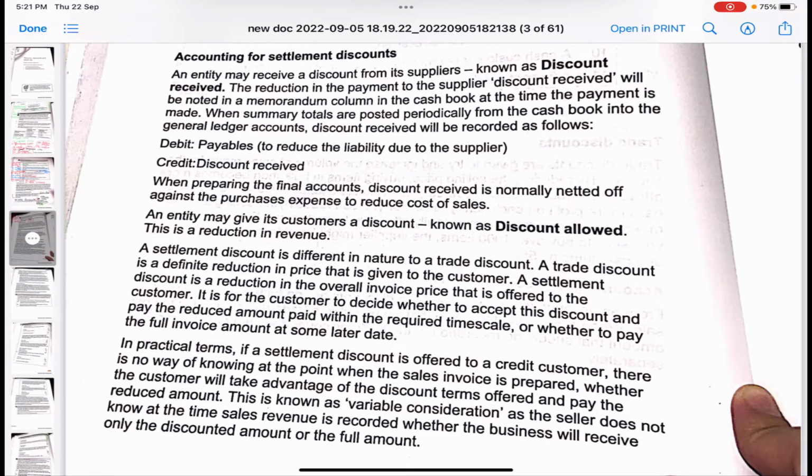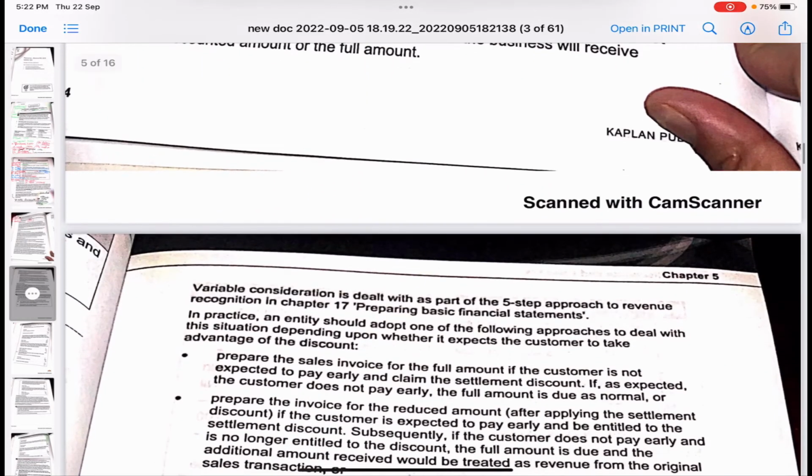The reduction in the payment to the supplier, discount received, will be noted in a memorandum column in the cash book at the time the payment is made. When summary totals are posted periodically from the cash book into the general ledger accounts, discount received will be as follows: debit payables, credit discounts received. Okay, don't get confused, we will just talk about it.